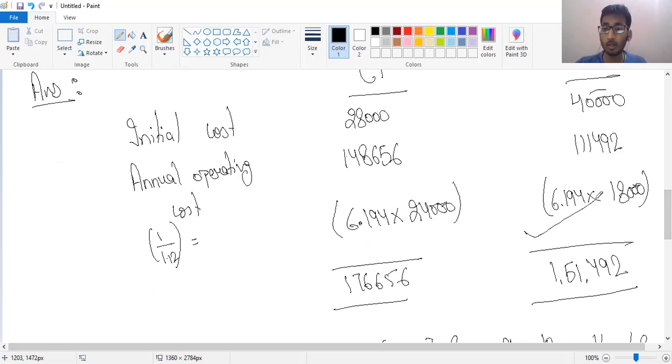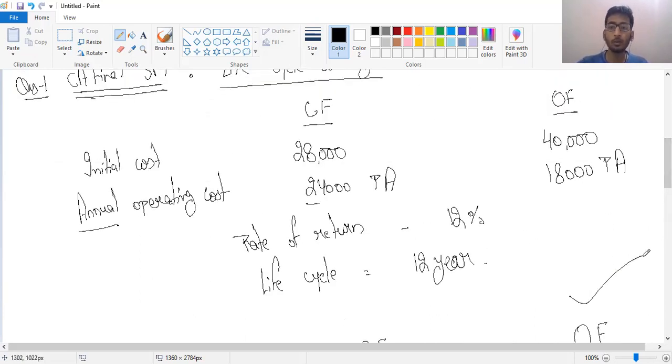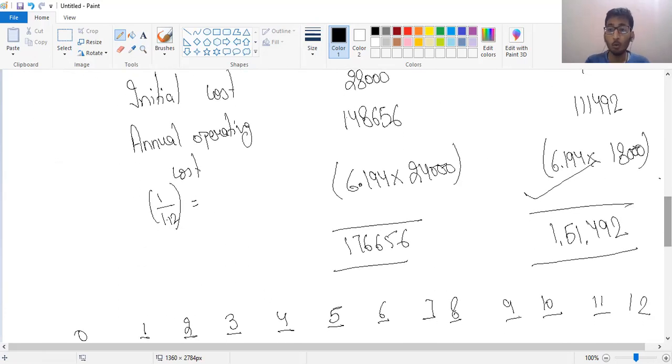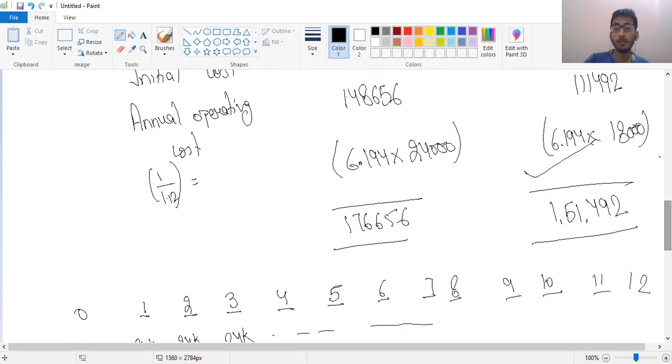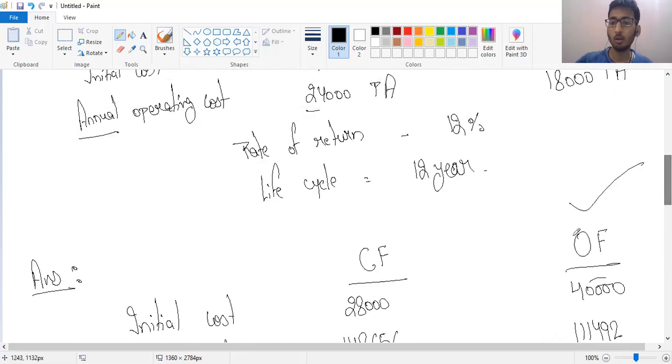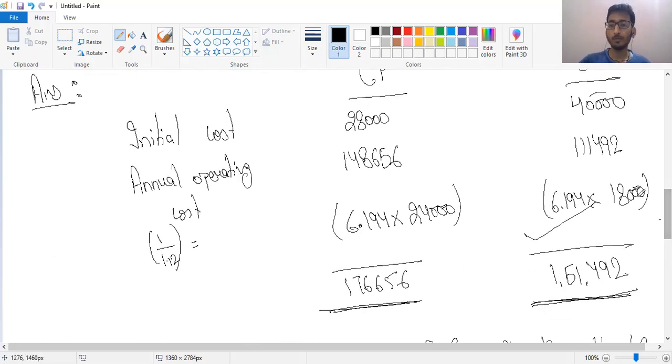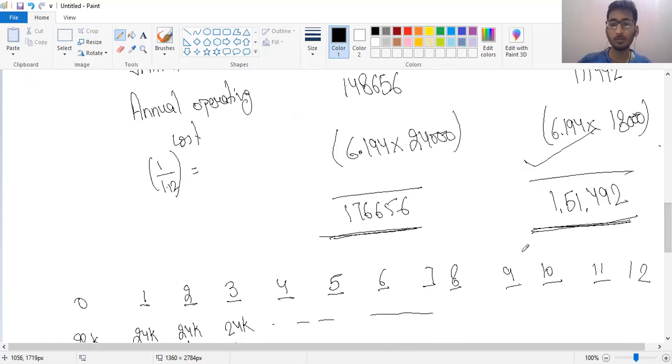So which product is good? OF is better because it has less initial cost. Since OF, the second one, has less cost at the beginning, our suggestion would be to adopt this product, adopt OF. Okay, so this solution is done.